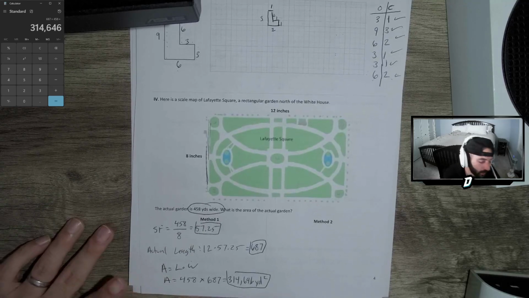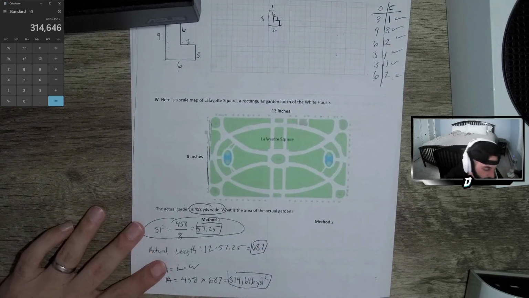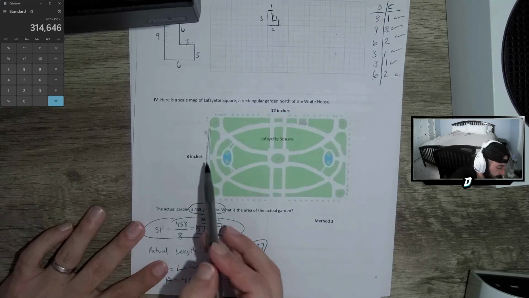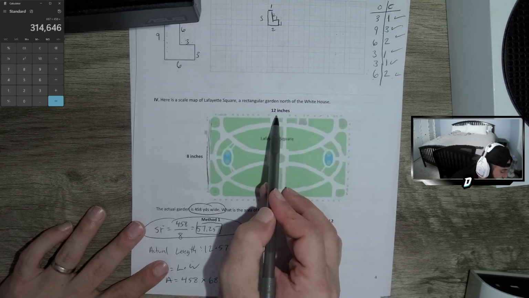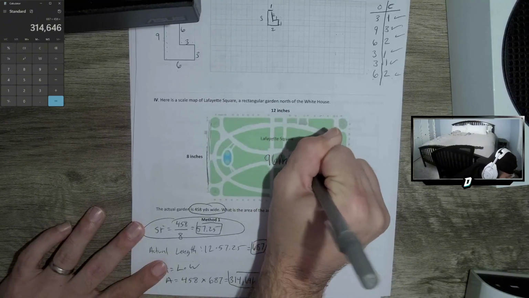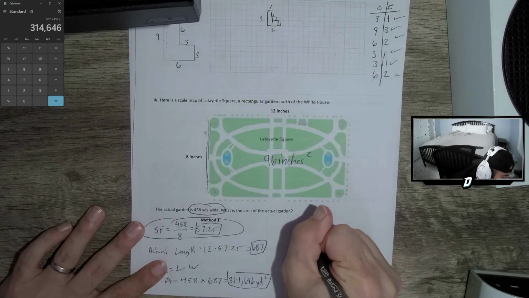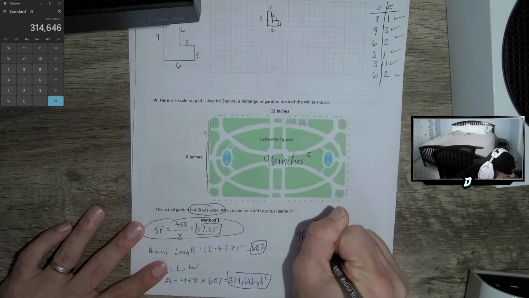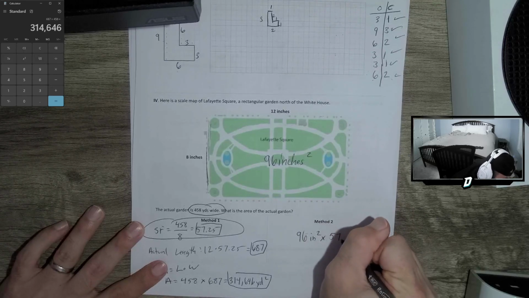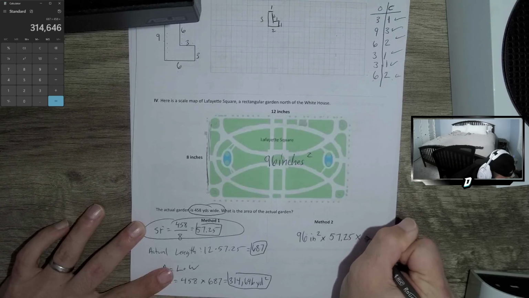Or you could remember that since we already found our scale factor, you can get the scaled area. So 8 times 12 would be 96 inches squared. And then you could do 96 inches squared times your scale factor times itself.